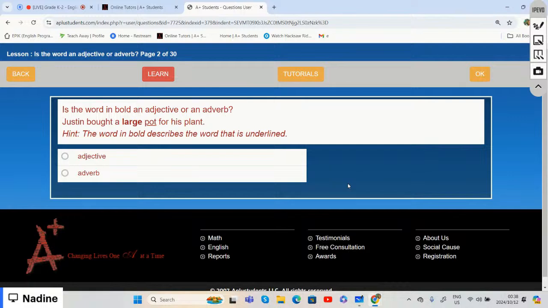The next one says, Justin bought a large pot for his plant. And we need to say, is large pot an adjective or an adverb?